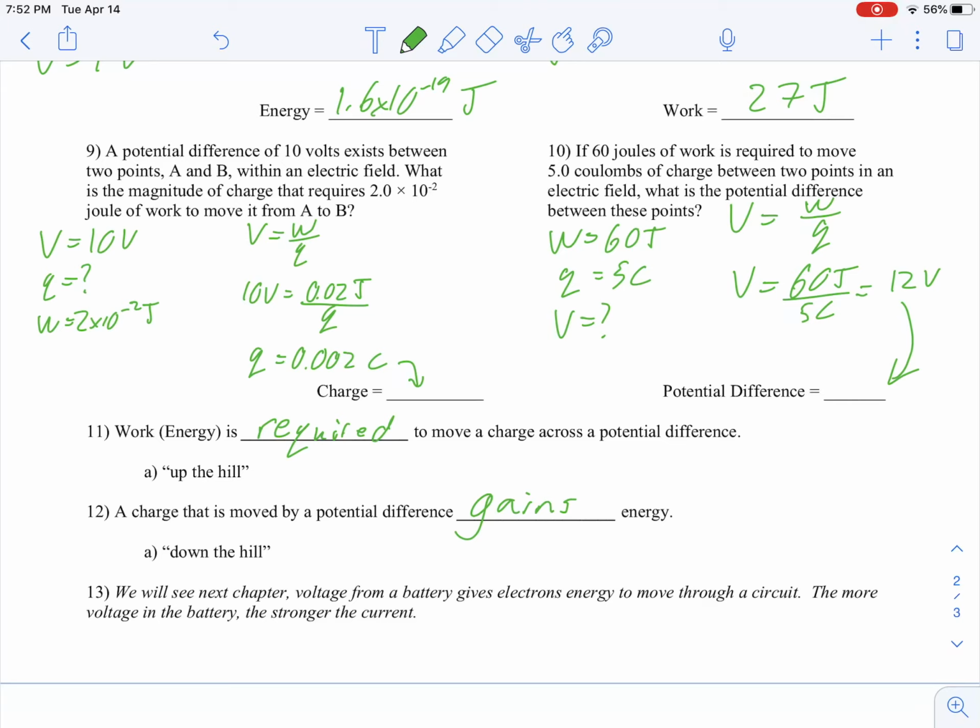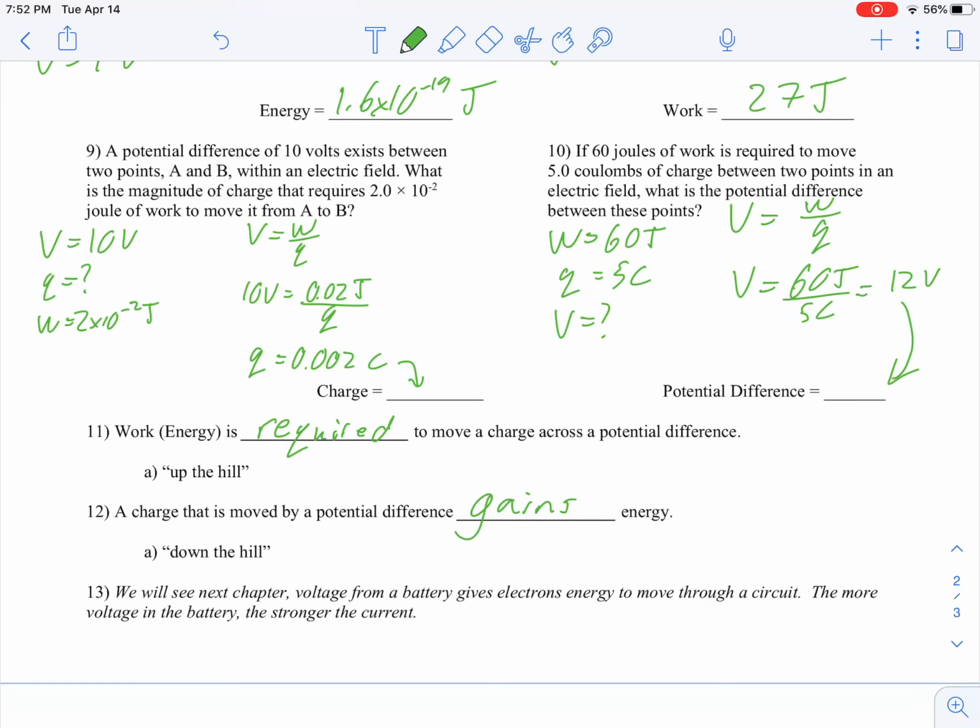Voltage is potential difference. Okay, same term. Potential difference gives charged objects energy. Okay, just like hills give massive objects energy when they're on the hills.